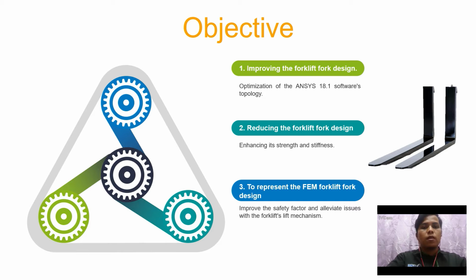Then, to reduce the design of the forklift forks while enhancing its strength and stiffness. Next, to represent the final element model of the forklift fork design in order to improve the safety factor and alleviate issues with the forklift lift mechanism.